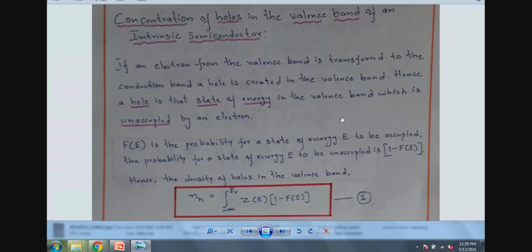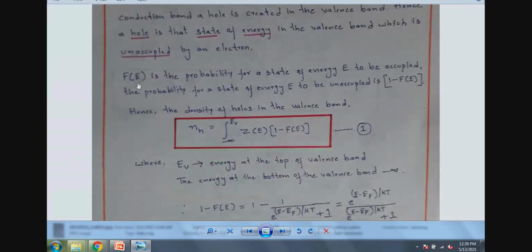Okay. Now the same expression: f of E is the probability for a state of energy to be occupied. In the previous case, the electron goes to the conduction band, which means it is occupied. But here, the vacancy is as it is. No electron comes from the conduction band to the valence band.